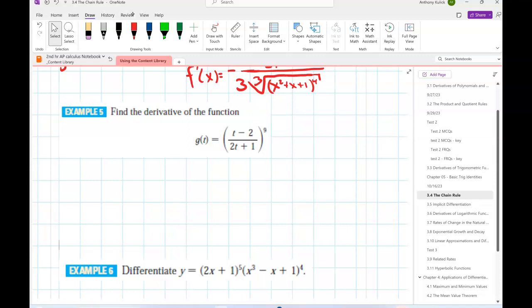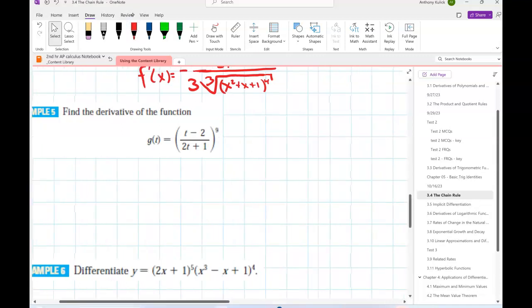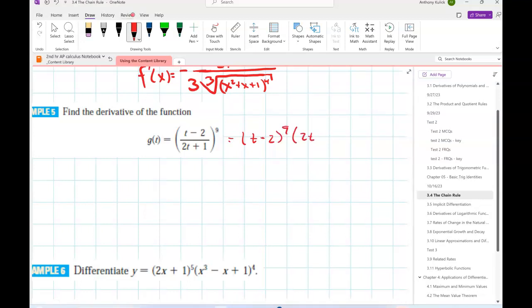Quotient and chain's easier, it probably is, but if you've forgotten the quotient rule, the product rule, almost nobody screws up unless they don't use it when they need to. Almost no one screws up the formula for it. So if you were doubting whether you remembered the quotient rule, you could think about it that way. And now that's a product rule of two chains, and that would be fine.